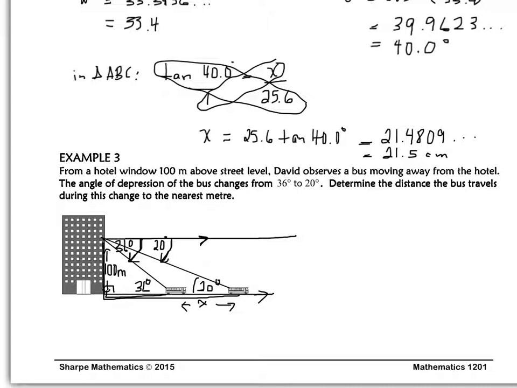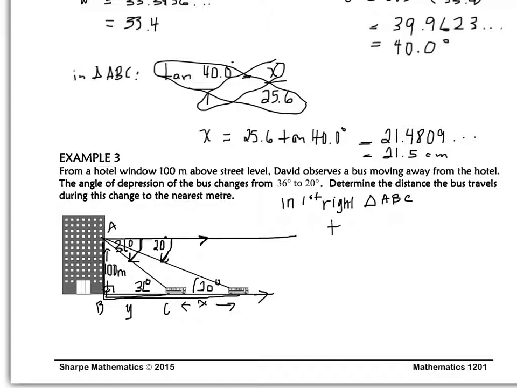So in the smaller right triangle, I don't have a whole lot of room here, so in the first right triangle, if we call this A and this B and this C, we can actually find this distance right here, B to C, by using the tan ratio.